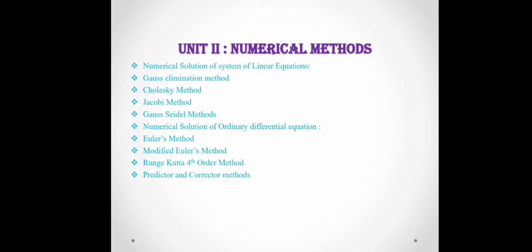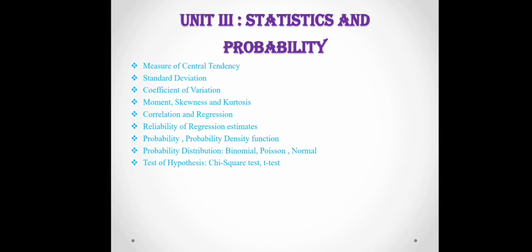Now let's see the third unit, statistics and probability. Here also there are 2 important parts: statistics and probability. In the statistics part, we learn measures of central tendency, standard deviation, coefficient of variation, moments, skewness and kurtosis, correlation and regression, and reliability of regression estimates.